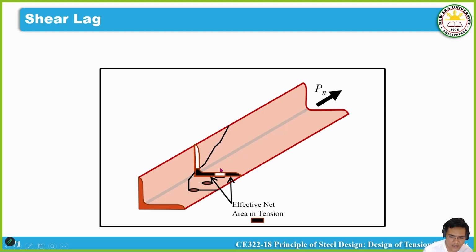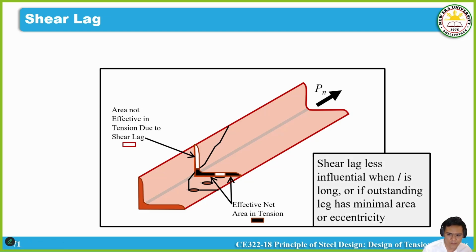Yun lang talaga yung loaded, itong black area. And then itong area in white ng ating failure plane is hindi siya effective in tension and hindi siya nagki-carry ng load. So ito yung tinatawag nating shear lag. And it affects our calculations.